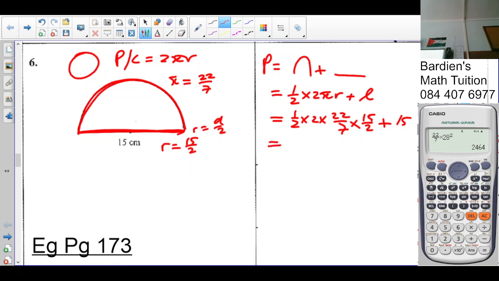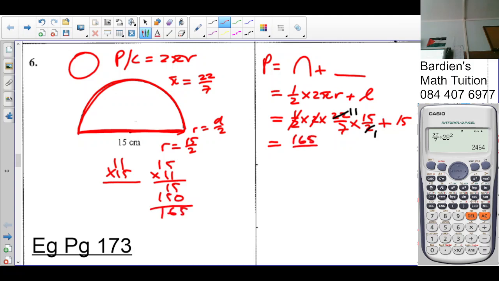So that works out to be: the 2 and a half cancel. Then there's 22. 2 goes into 2 once, 2 goes into 22 11 times. What do you notice here? Nothing else can cancel here, not so? So I'm going to say 11 times 15. Well, 15 times 11 is going to be easier. So it's going to be 165 over 7 plus 15.